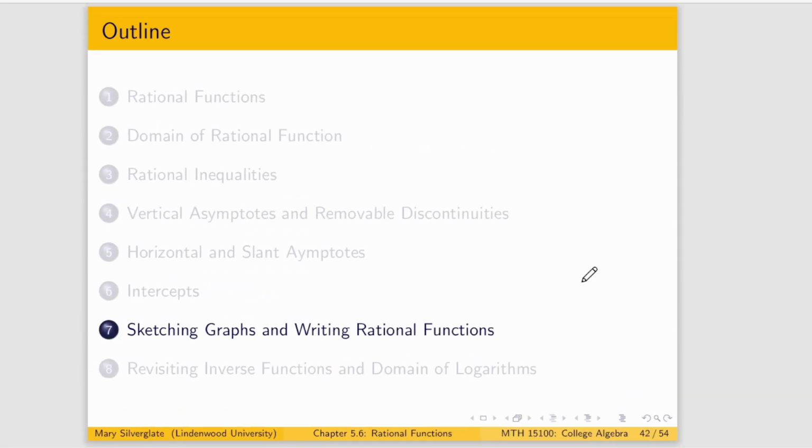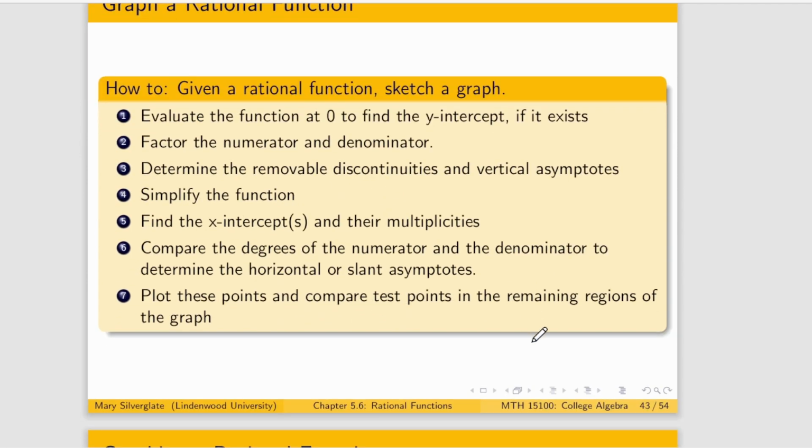So now let's talk about how we put all this information together to make the graph of a rational function. A lot of times, for the sake of everybody's sanity, you'll be asked to work backwards more often on an exam where you're given the graph and you have to write the function. But in order to understand how that looks and works, you still have to sometimes sketch the graph and go forwards as well.